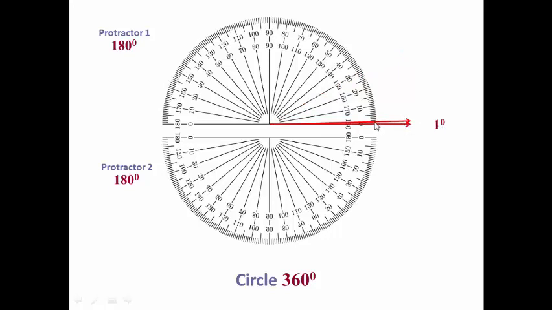This 1 degree out of 360 degrees. How many degrees do we have inside this circle? Teacher, we have until here 180, and starting from here until here another 180. Totally it will be 360. So now it's 1 out of 360.